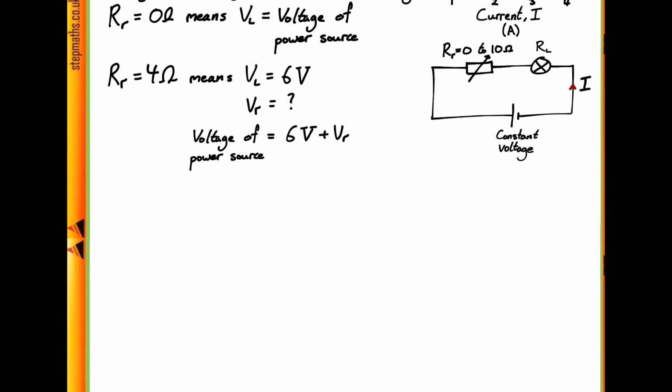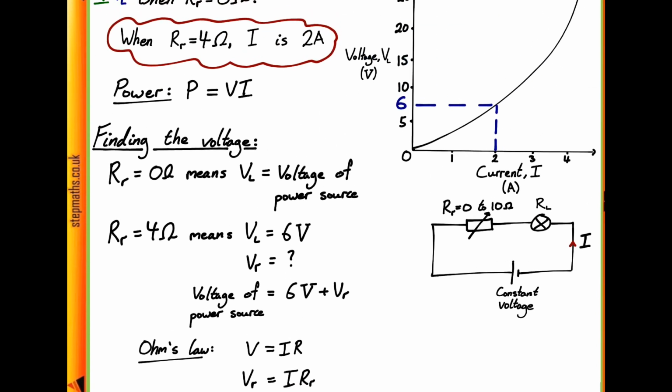There is a rule which is pretty much always helpful when it comes to circuits and trying to think of voltages, currents and resistances, and that is Ohm's law. If we want to find the voltage across the variable resistor R, we can find it by multiplying the current through the circuit by the resistance of the variable resistor at that point. We were told the current in the question, it's 2 amps, and the resistance of the variable resistor is 4 ohms.